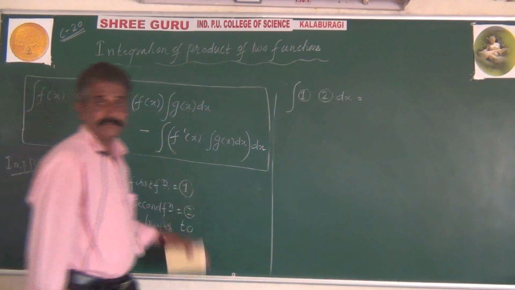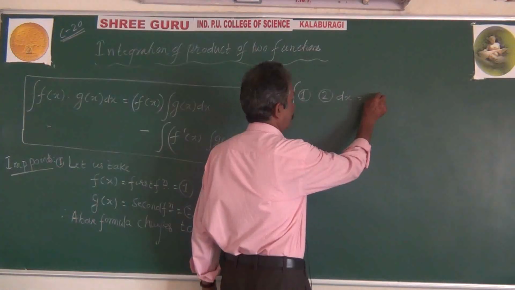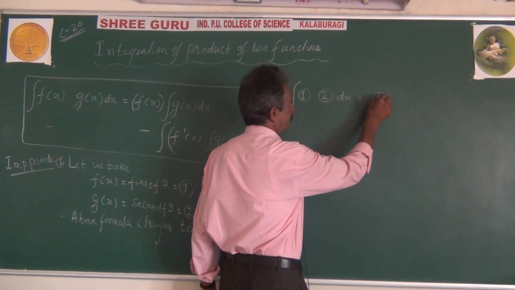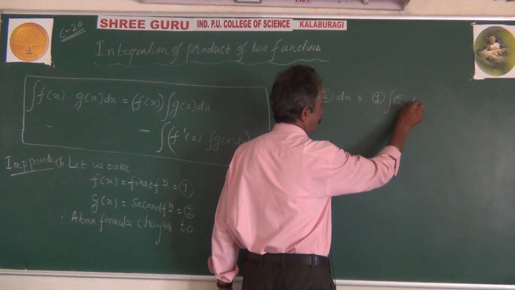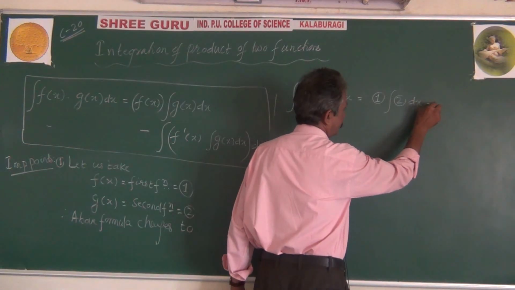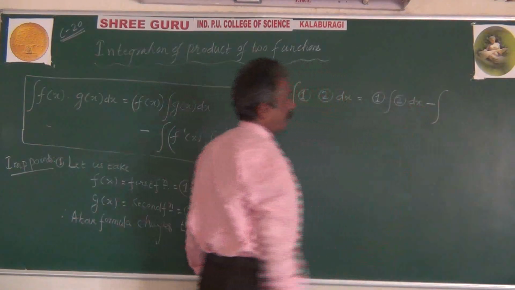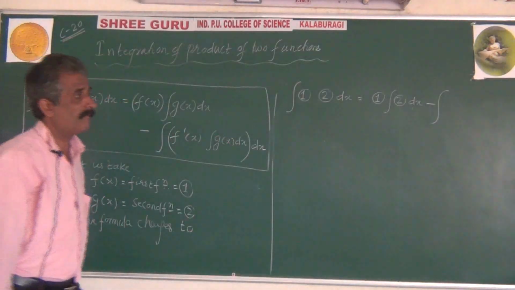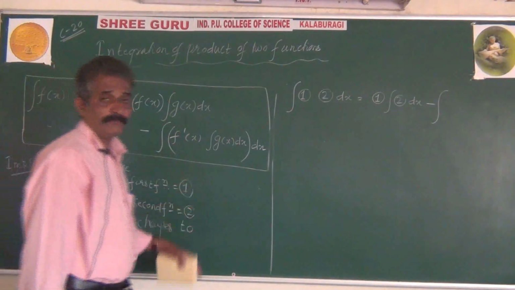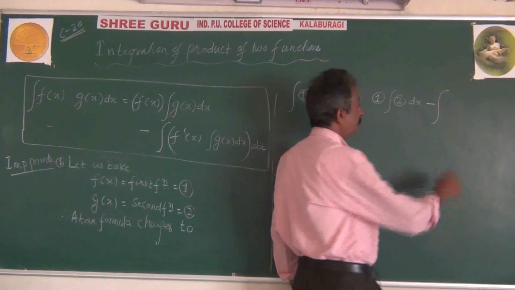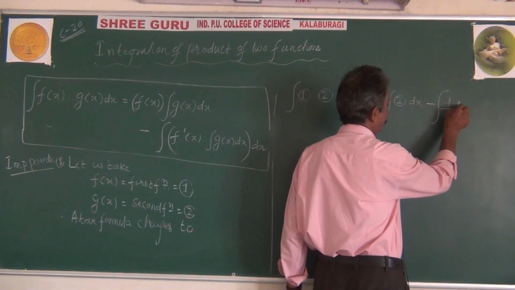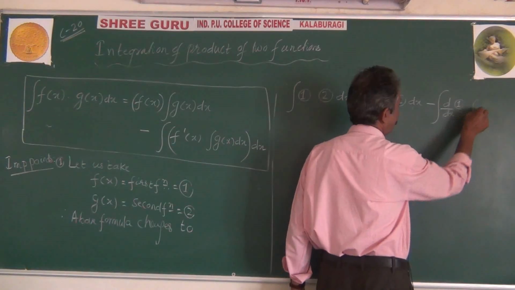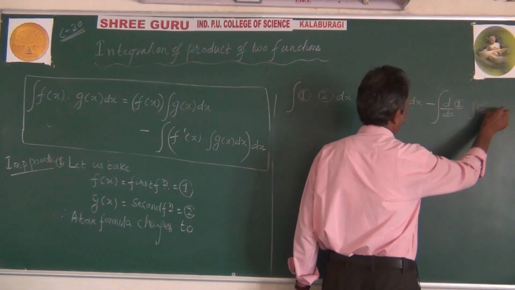What it says: f(x) as it is, means first function as it is, into integration of second function, minus integration of, in that we have f dash x, means differentiation of first function dy dx of first function, multiplied by integration of second function.